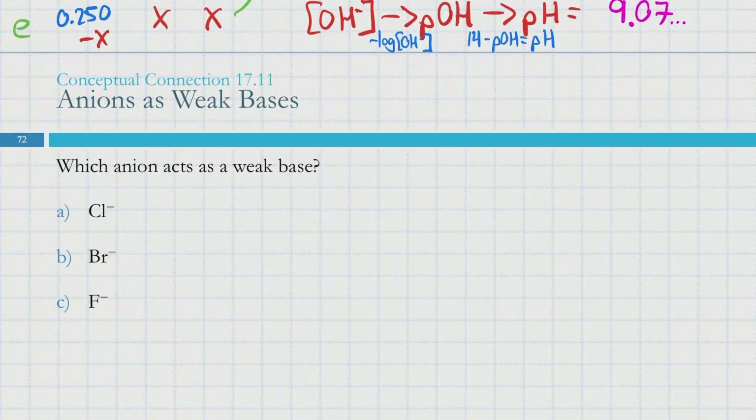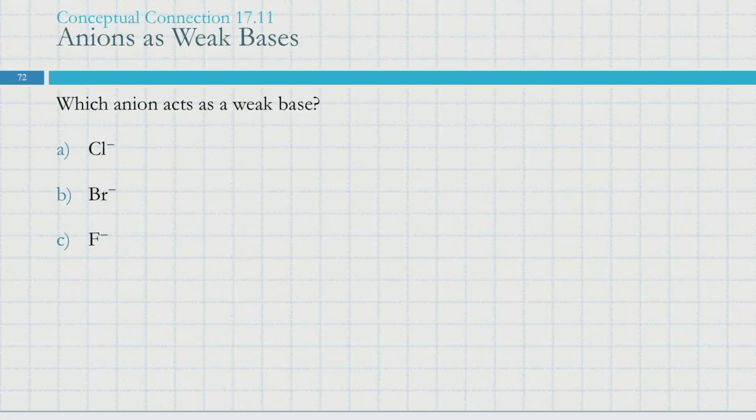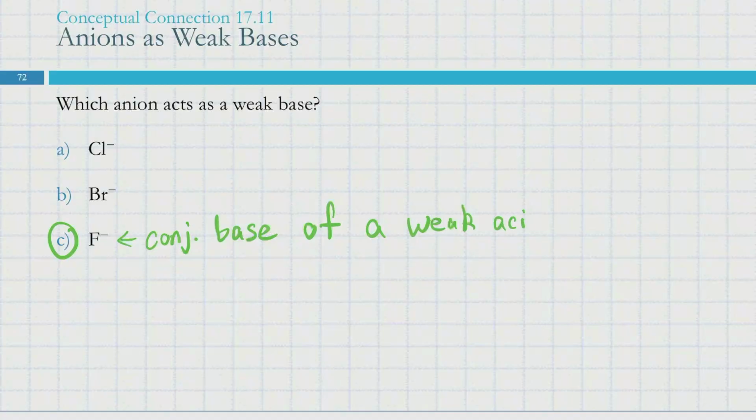All right, checking our concepts. Which of these anions will behave as a weak base? Got some immediate answers for C. Love to hear it. Fluoride is going to act as a weak base. It's the conjugate base of a weak acid, hydrofluoric acid.